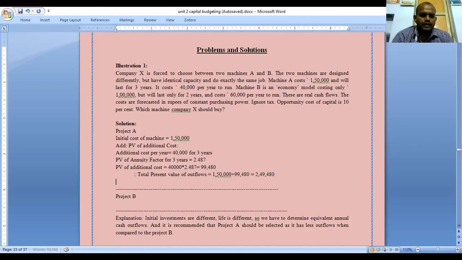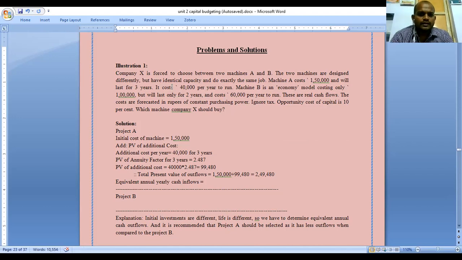So equivalent annual yearly cash outflows. Why do we have to calculate annual yearly cash outflows?